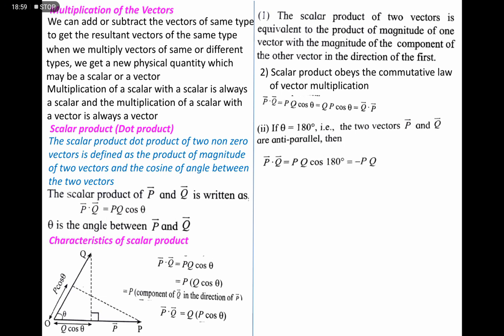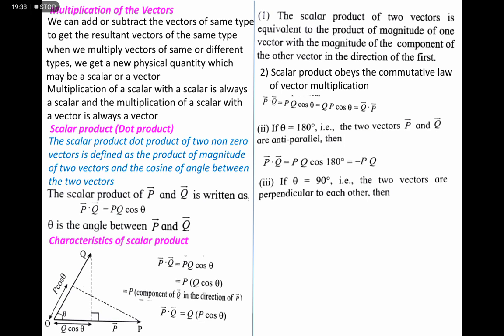Then p bar dot q bar is equal to pq cos of 180 degrees. Cos 180 degrees is minus 1. Cos 90 is 0, cos 0 is 1, and at cos 180 the quadrant changes and it becomes minus 1. So p bar dot q bar will be minus pq. So they are anti-parallel.